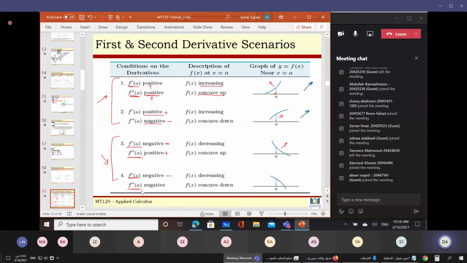And if f double dash is negative, both are negative, it will be decreasing but concave down.